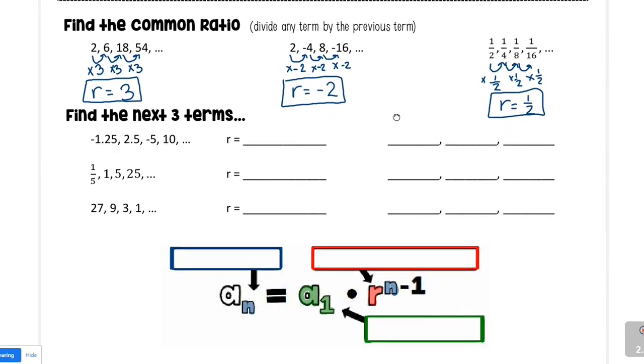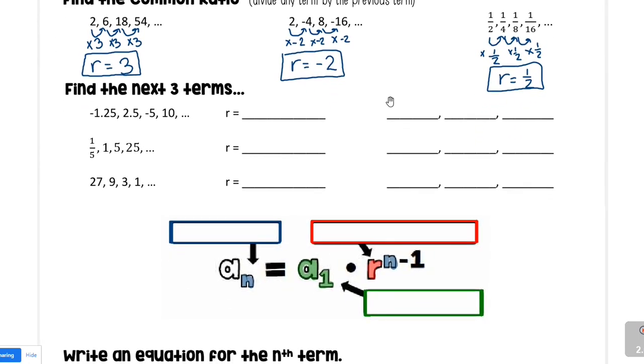So now we need to find the next 3 terms. The first thing you have to do is figure out what your common ratio is and then continue the pattern. If we go from -1.25 to 2.5, that might be a little tricky to figure out if you aren't using a calculator.